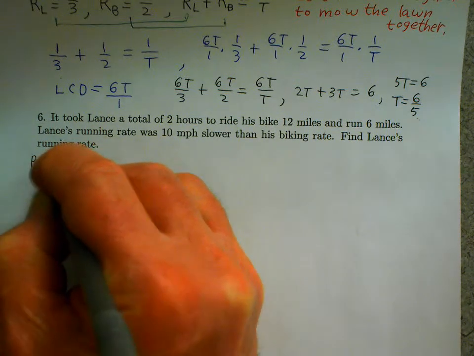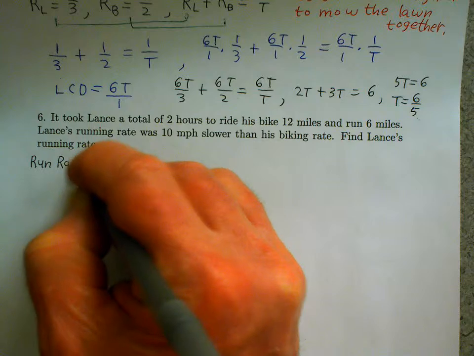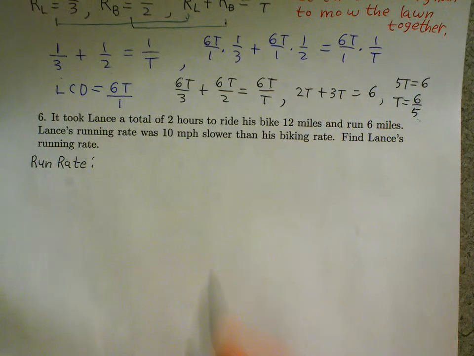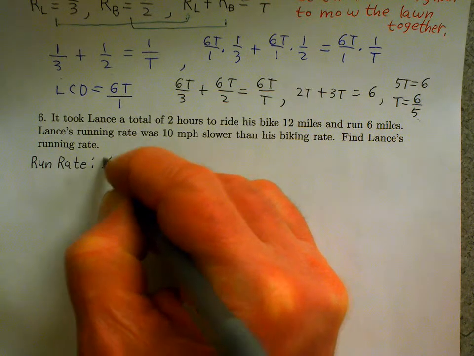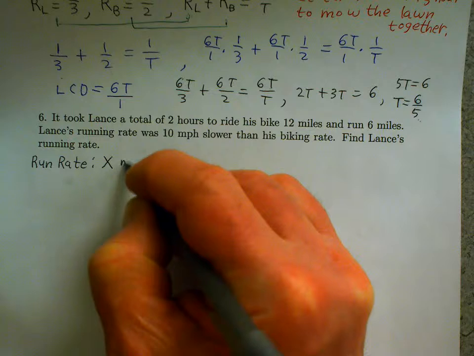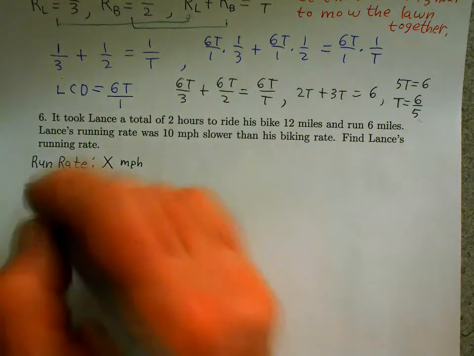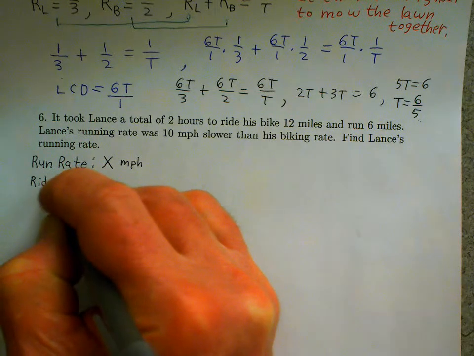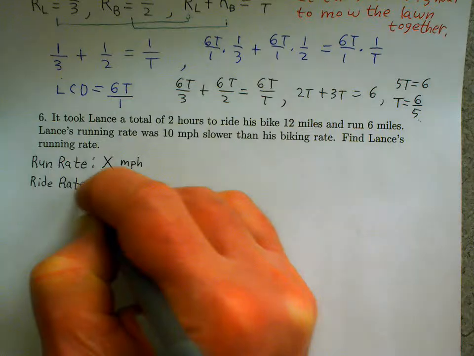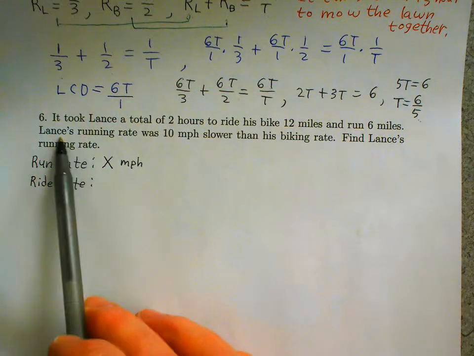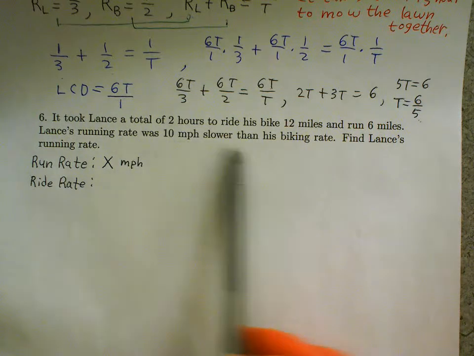Okay, we want to find the run rate, or the running rate. So we'll pick a variable to represent the run rate measured in miles per hour. So I'll just pick x for the running rate. And then when he rides his bike, the rate is 10 miles per hour faster, right? The running rate is 10 miles per hour slower than the biking rate.